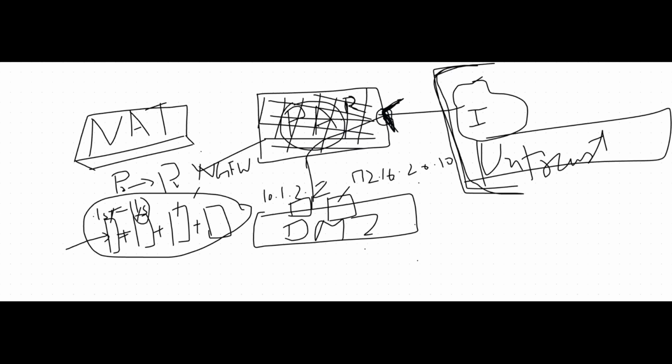But in the next generation firewall, you have single pass parallel processing. You have the data plane and the control plane. In the control plane, you have application ID, user ID, and content ID. So when traffic goes in, it checks all the blades in one go and is passed.